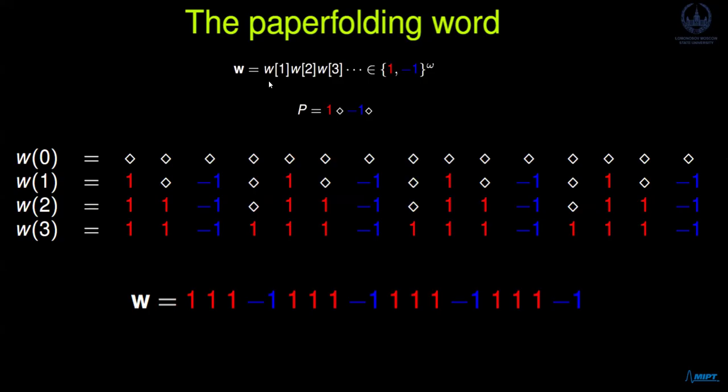The structure of the sequence. The values of W are determined by successive iterations of the folding process. The table on the slide shows the first few values. You can see we always have a diamond, and then you substitute this structure in its place.